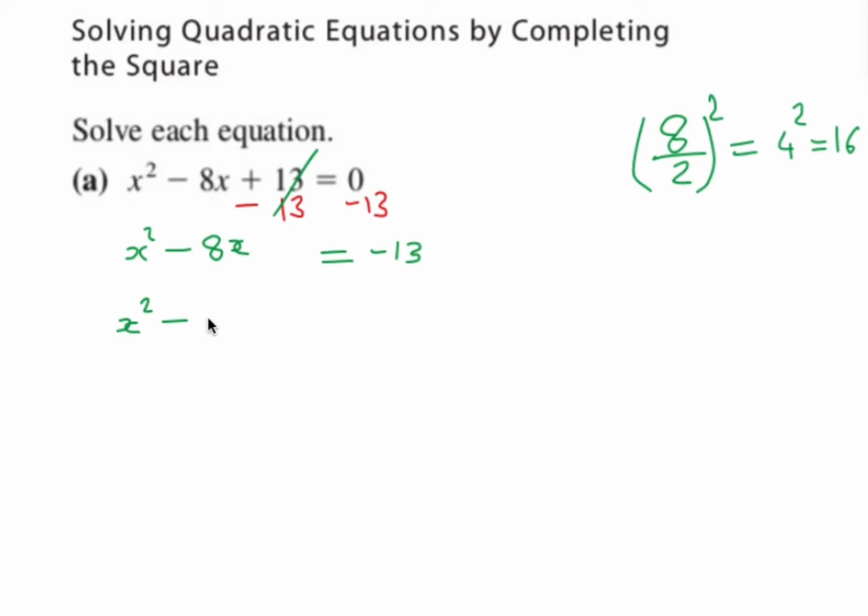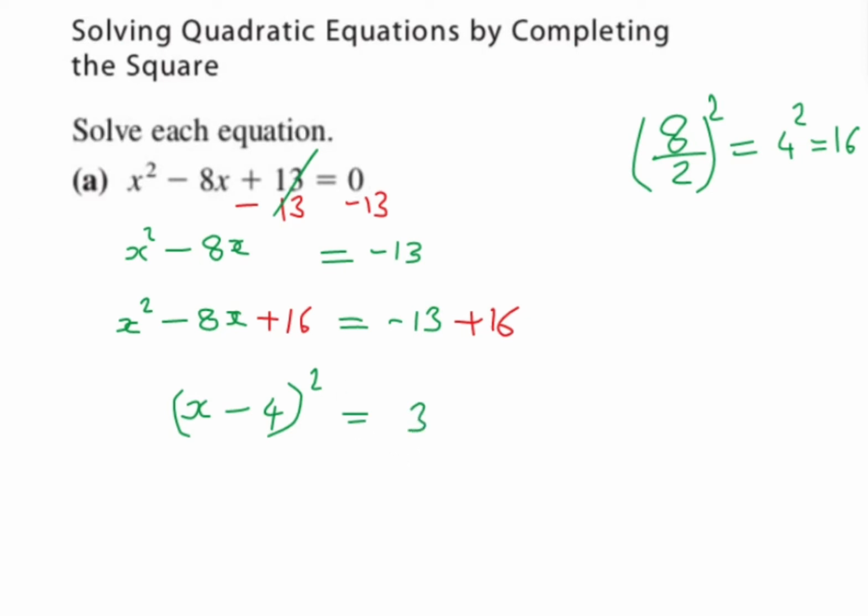So x square minus 8x equal minus 13, and add 16 both sides. Now this one is a perfect square, so we can write x minus 4 square. So like this, x minus 4 whole square, and minus 13 plus 16 is 3.